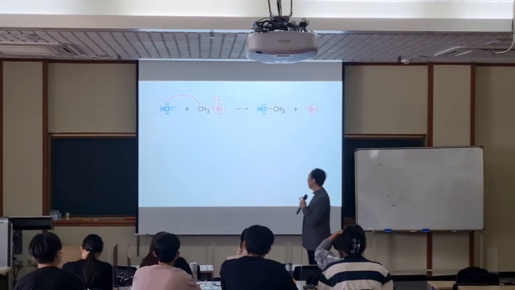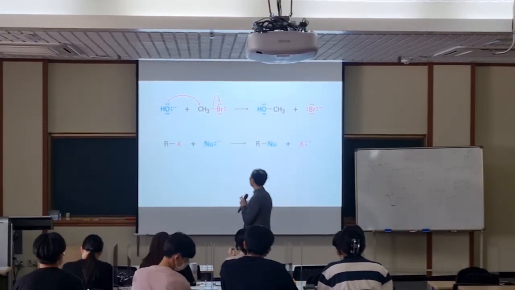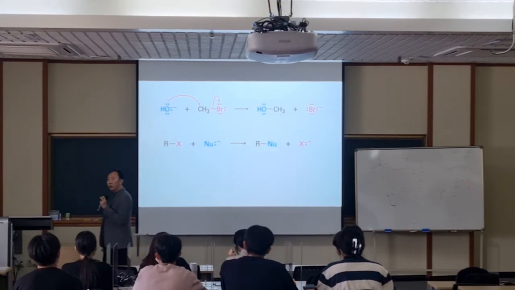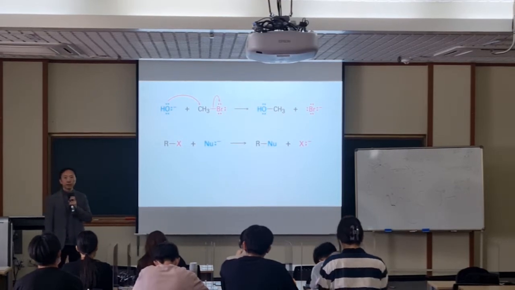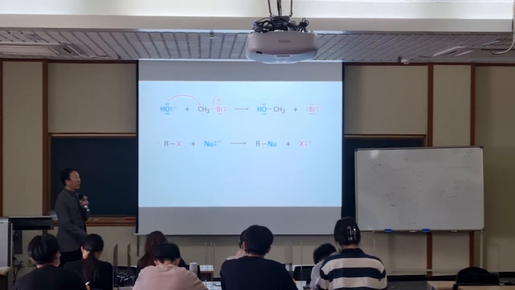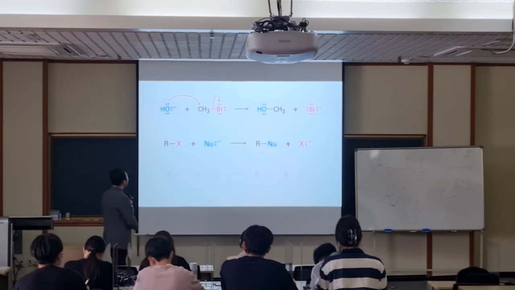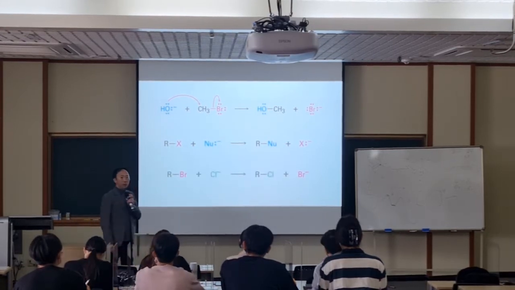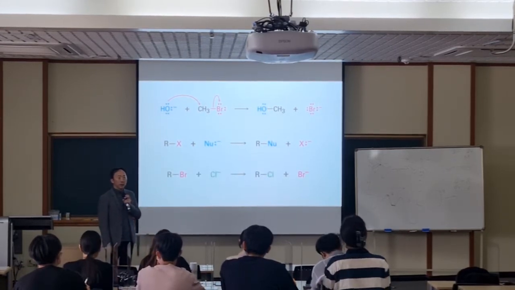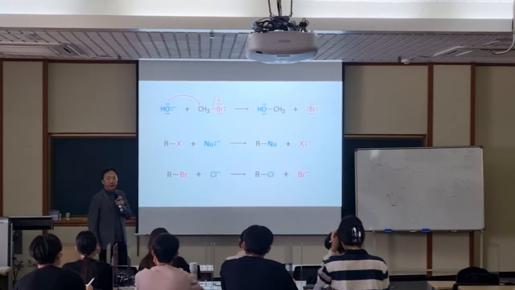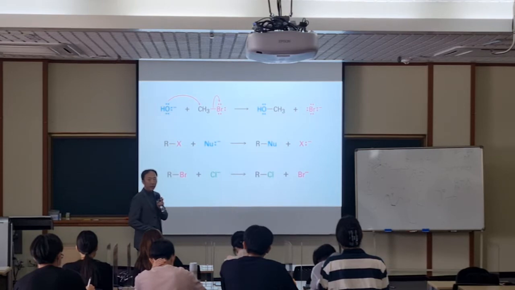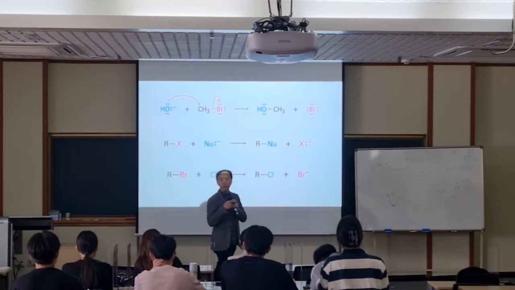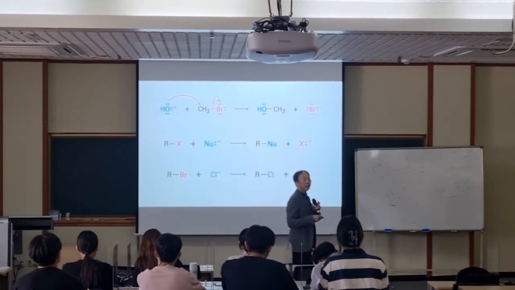This reaction we can call nucleophilic substitution. We change the halide with OH minus. And when you learn about nucleophilic additions, actually this reaction is also possible. There was an alkyl halide, and another halide came in. If you react with this, it's an exchange reaction, halide with another halide.